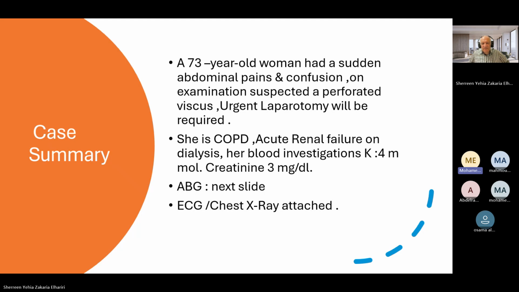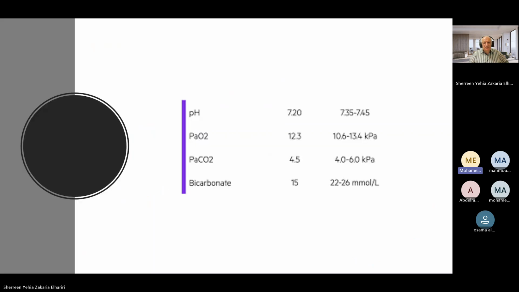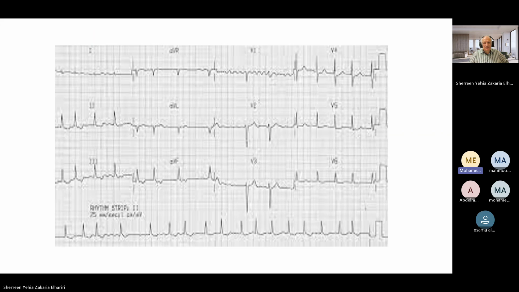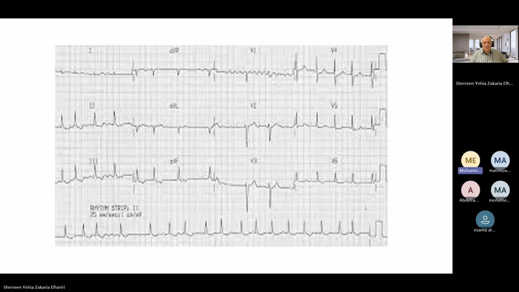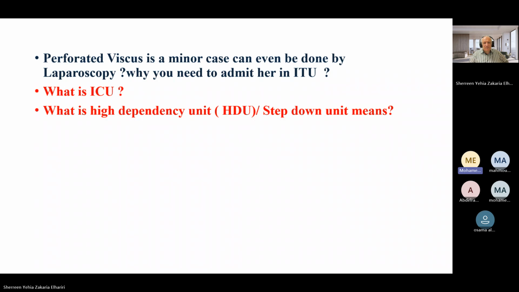I suspect perforated viscus and urgent laparotomy will be required. She has COPD and renal failure on dialysis. ABG was done, and ECG and chest X-ray. In the chest X-ray, there is air under the diaphragm, which suggests perforated viscus.